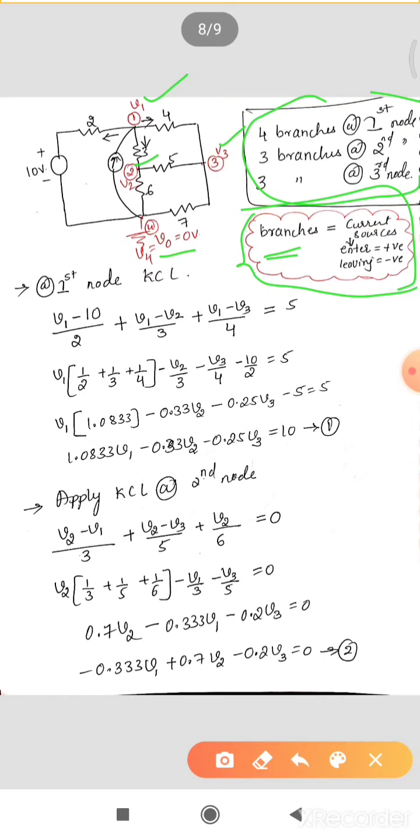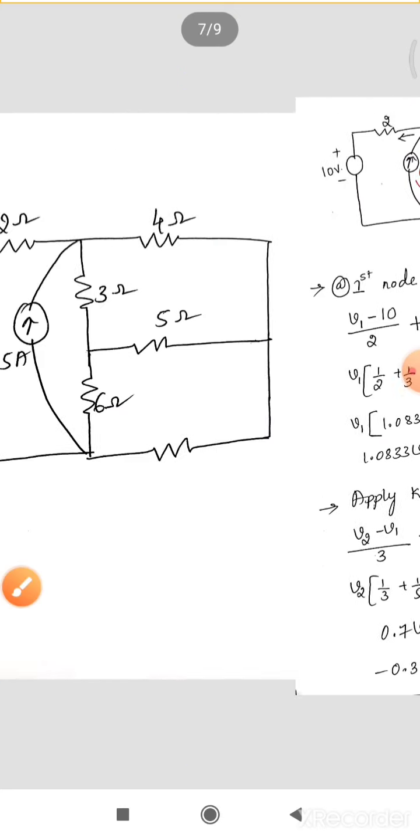The assumed directions of currents are leaving the node, because these are all resistances: 2 ohm, 4 ohm and 3 ohm are resistances, so those currents are all leaving. The independent current source they have given is shown entering.